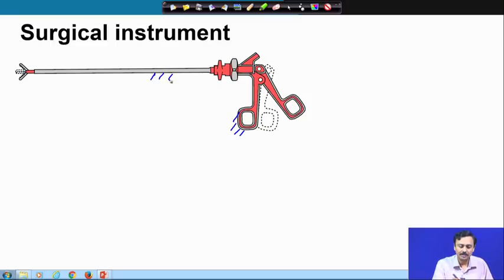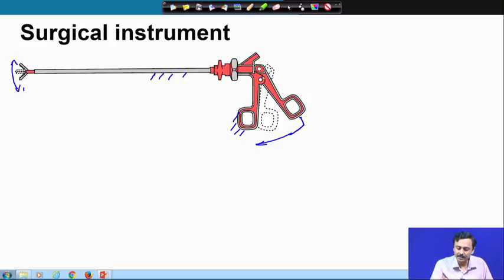So, this is the body, a hollow cylinder through which a rod passes, which transmits the motion of the surgeon's finger to the output motion. So, we will fix this handle as the ground. This handle is an integral part with this cylindrical barrel. The thing that can move is this grip.